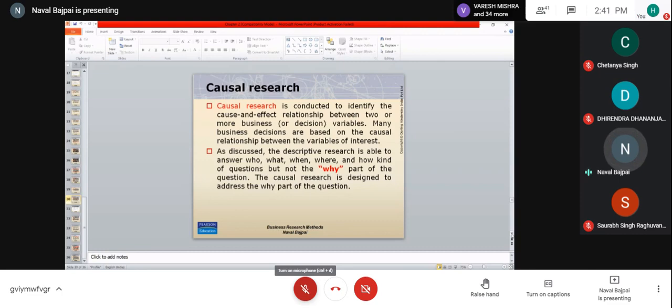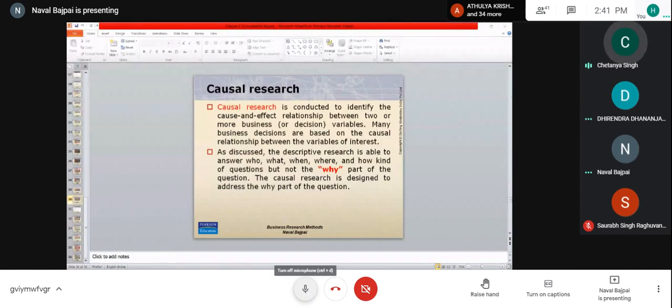If I'm not answering the why part of the study, tell me what I am pursuing research for. So my research would never be exploratory. Exploratory research would always be for the sake of support only. My research would never be descriptive. My research for my program, PhD, MTech, MBA, whatever may be the case, would always be conclusive in nature, right? Causal research is conclusive in nature. Do you agree with this?